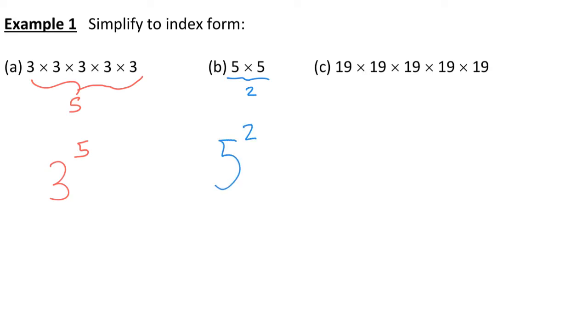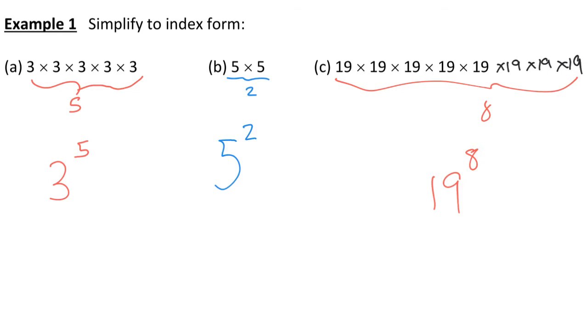And then the last one, let's exaggerate it somewhat, times 19 times 19 times 19. There's now 1, 2, 3, 4, 5, 6, 7, 8 of them. So that would be 19 to the power of 8.